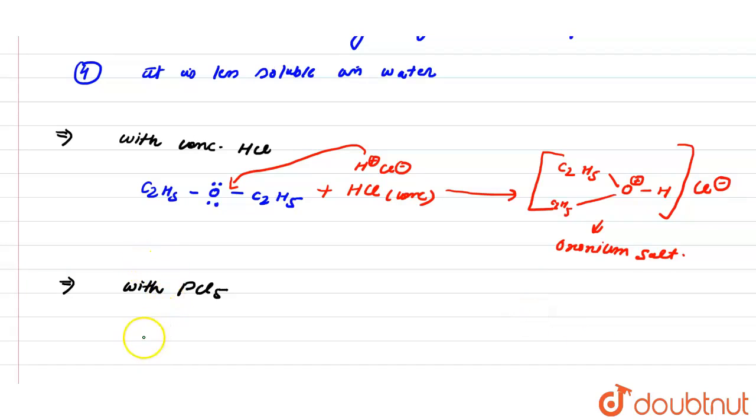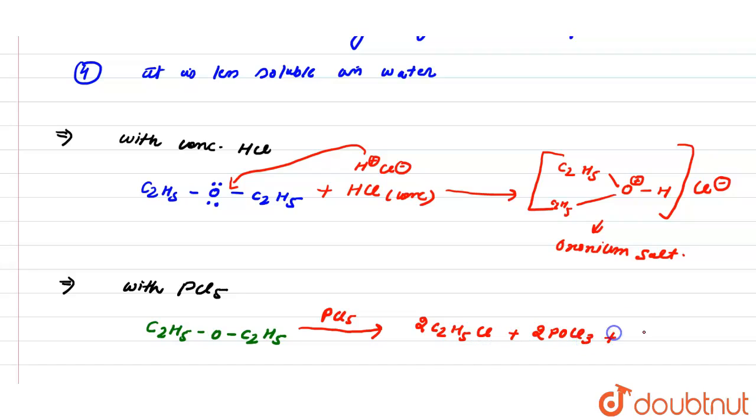When diethyl ether, C2H5OC2H5, is heated with phosphorus pentachloride, PCl5, the product obtained is ethyl chloride, 2C2H5Cl, and they also form POCl3 and HCl.